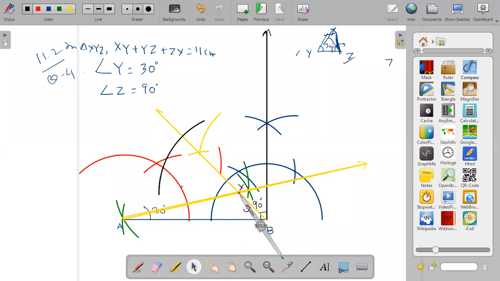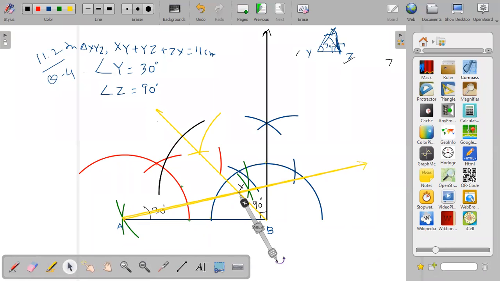It's very complicated, but now from A, cut these two arcs from A.